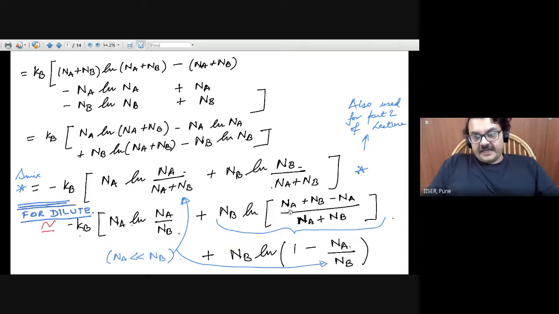Then we are writing it as 1 minus Na upon (Na plus Nb), again neglecting Na with respect to Nb. This approximation is used here as well as here, and this is the term that you get.